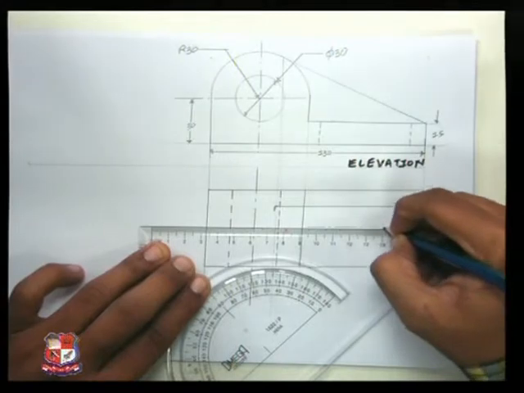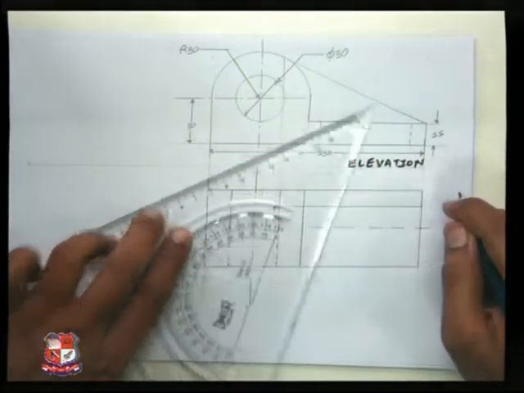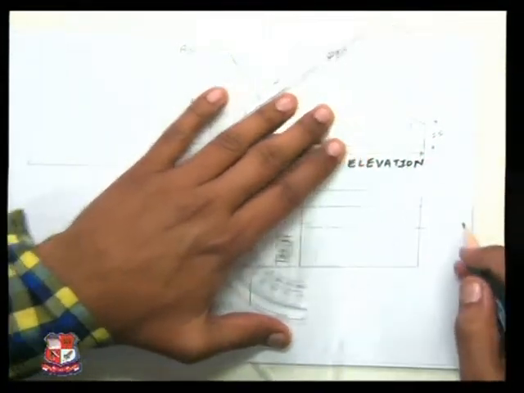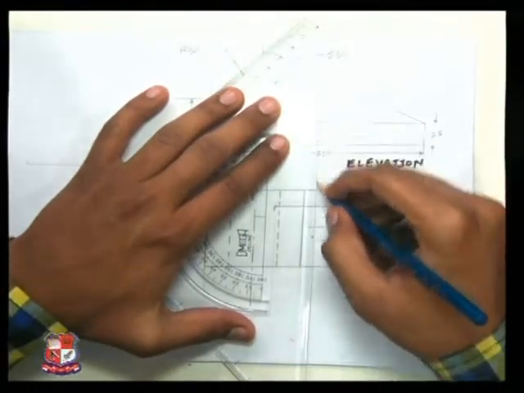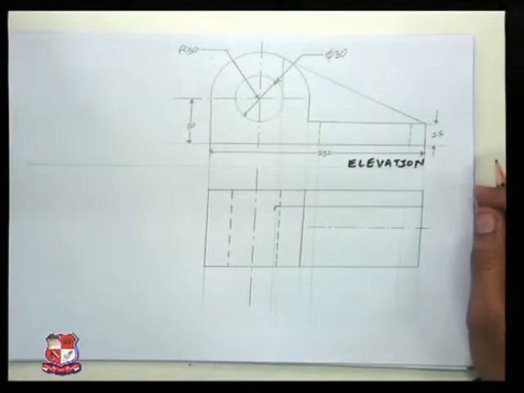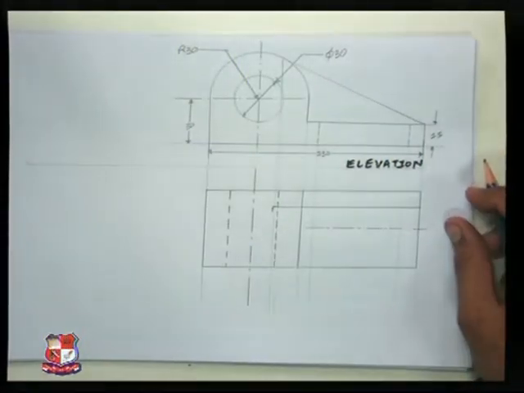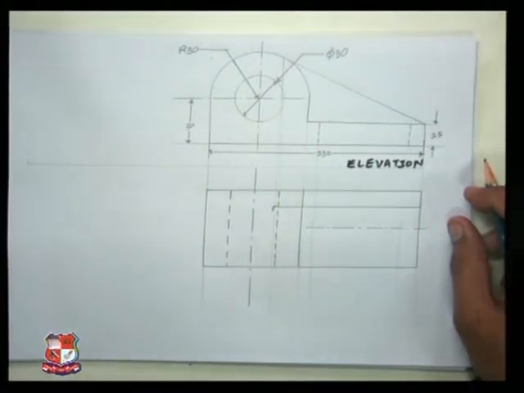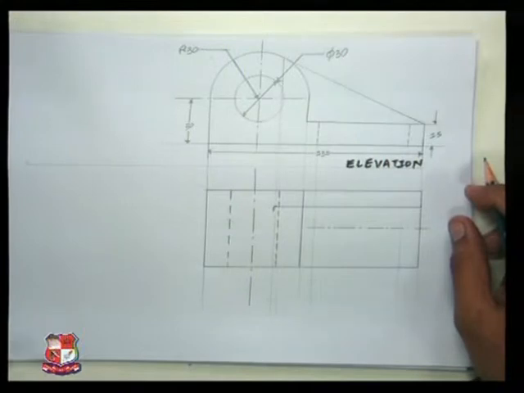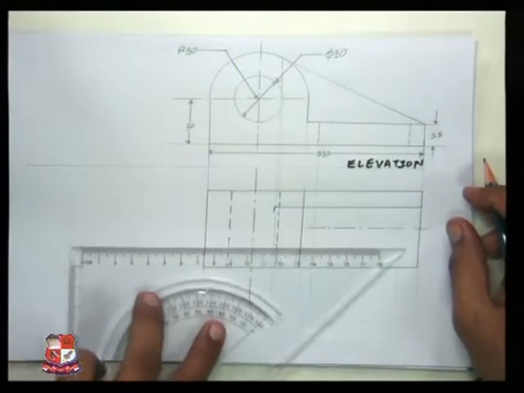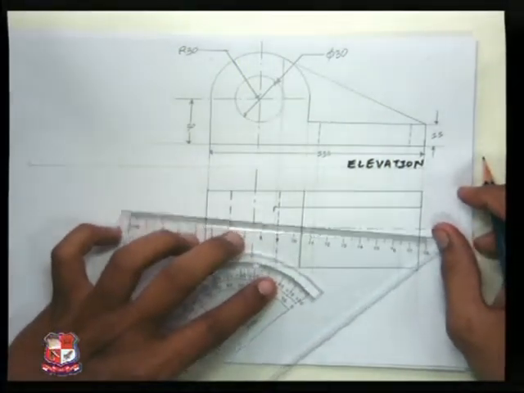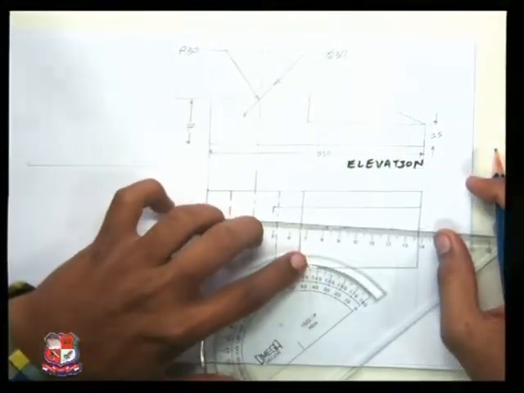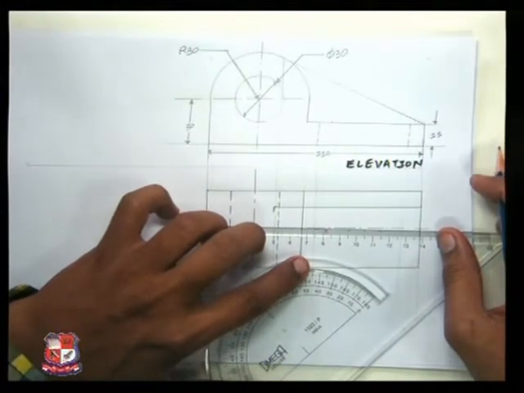Draw a center line. Mark the projections. I have clearly marked the projections. Now the total thickness is given as 15 mm, which means that a 7.5 radius is to be taken.